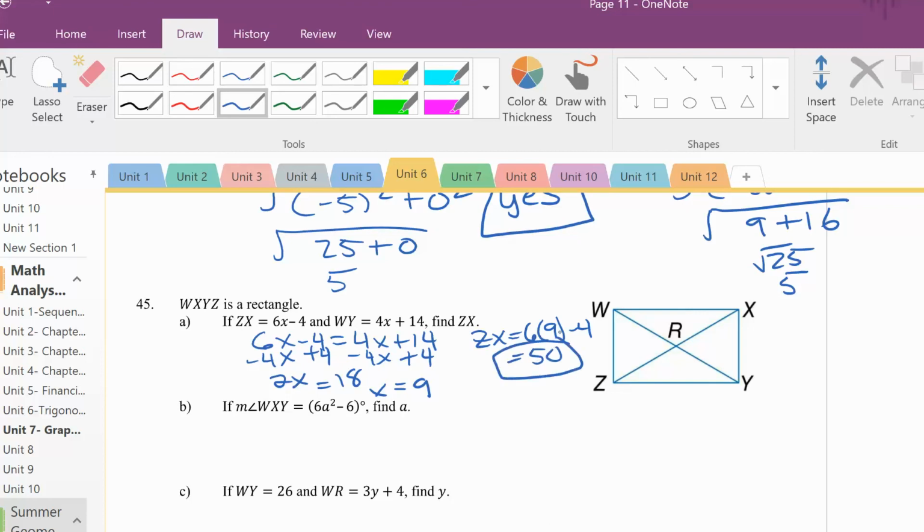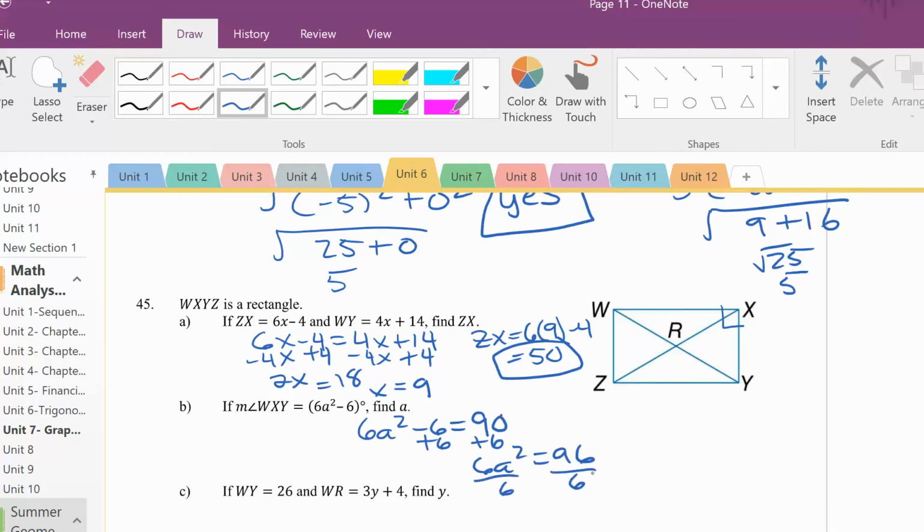All right, so then WXY is right here, 6a squared minus 6. Well, 6a squared minus 6 is equal to 90, because that's what the angle equals. So you add 6, so you get 6a squared equals 96.